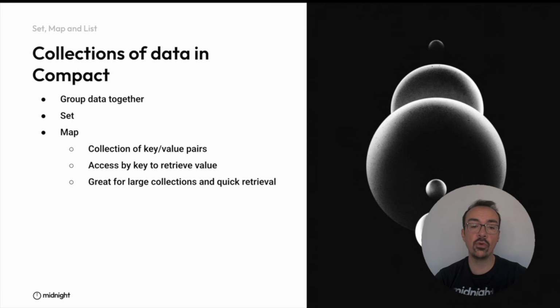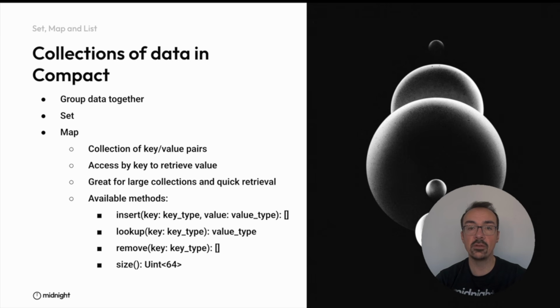They are very good for large collections and quick retrieval of information. Because you have the key that is linked to that value, it's very easy and very quick to retrieve that value. And it's very good for large collections. For example, a map of all the balances of all the users, that's something that you would use in a DeFi application. There are different methods that are available on the value of type map.